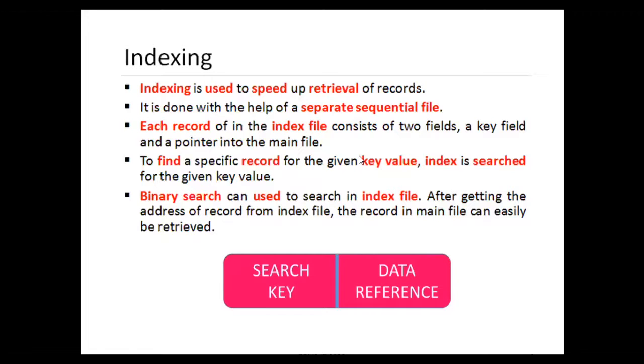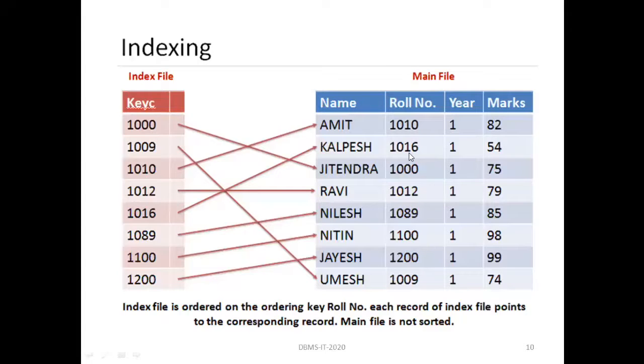Now, this is basically the block diagram of indexing. Here the index file consists of two fields. One is the key, and another is the pointer to the main file. You can see each record in the index file points to the main file.